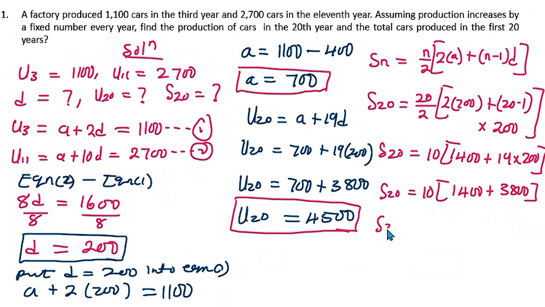When you sum what is inside the bracket, 1,400 plus 3,800 will give us 5,200. If you multiply this by 10, this is going to give us 52,000.